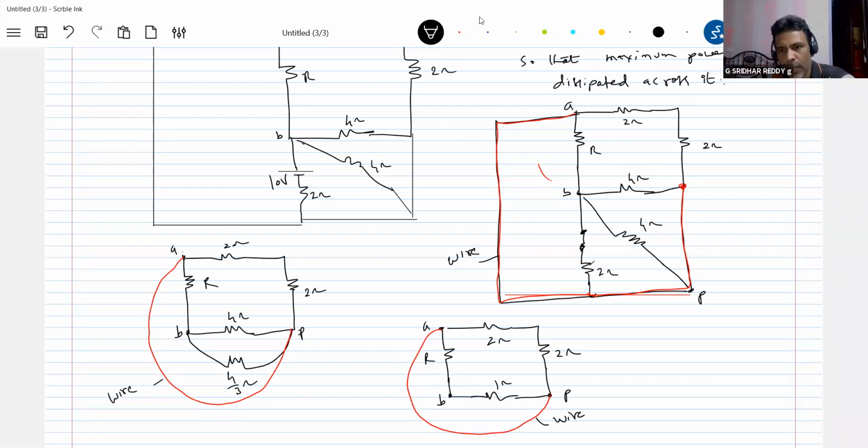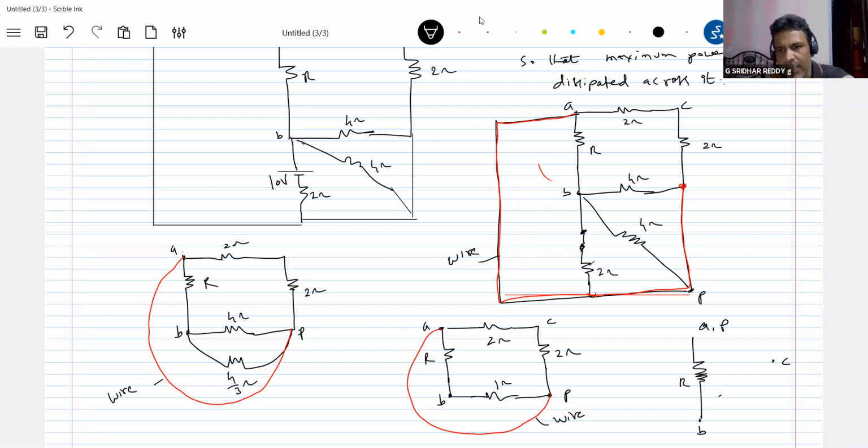So now A comma P, you write like this. A comma P, you call this some point C. A comma P, this is B, and let this be C. Now between A and B, there's a resistor R, like this.